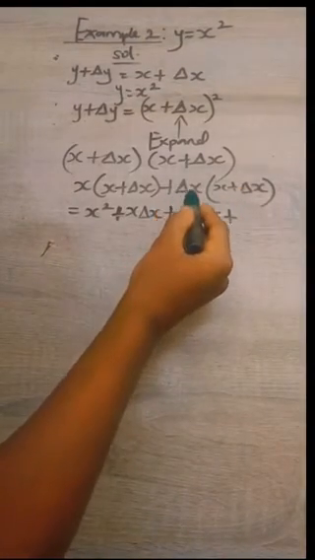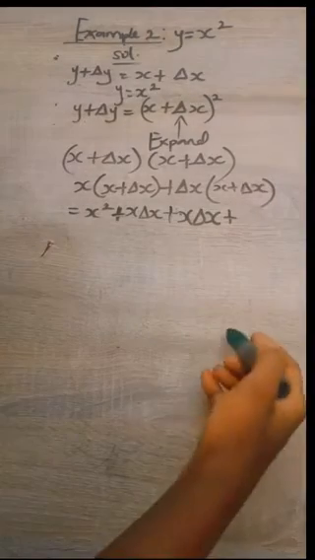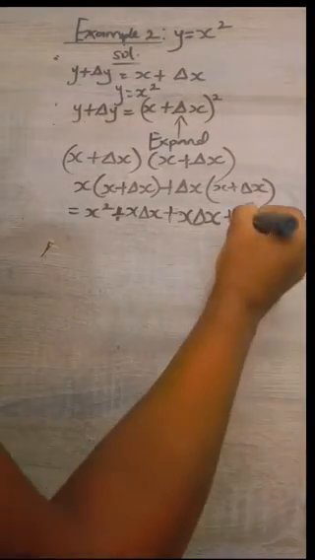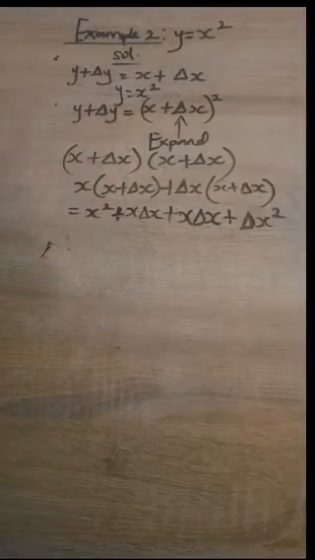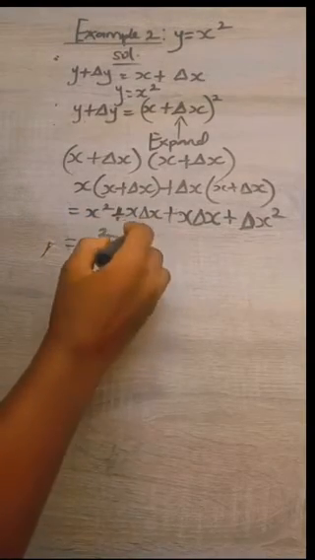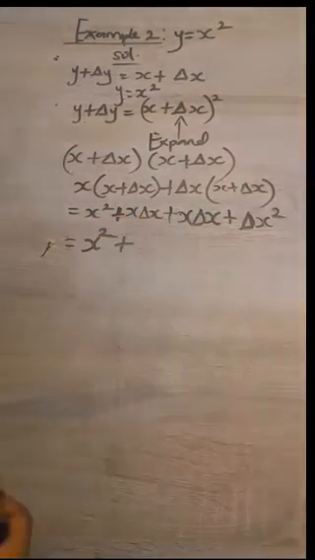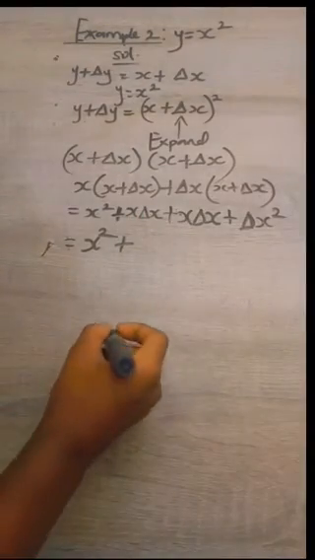Plus the last one, change in x times change in x, so that's change in x raised to power 2. I hope you are following me. So I'm having x raised to power 2 plus, take a good look at this, x change in x plus x change in x.